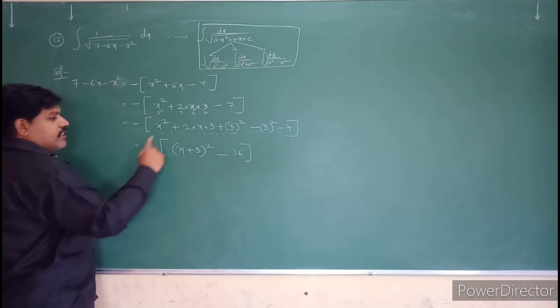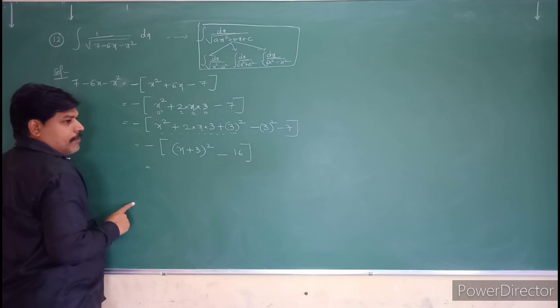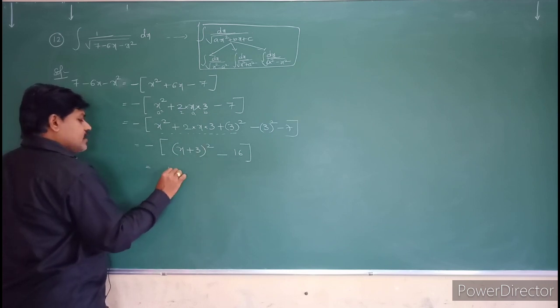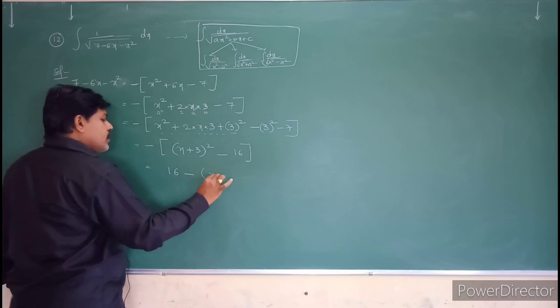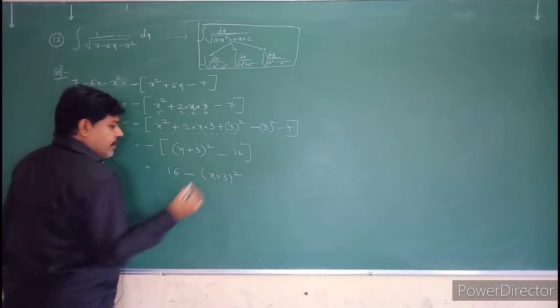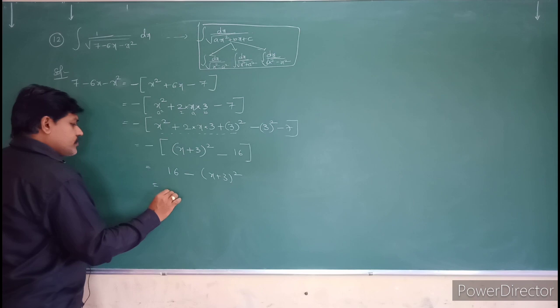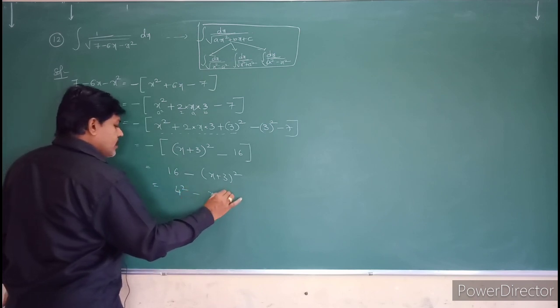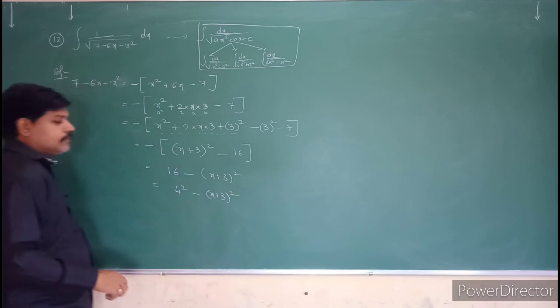So that is equal to, take the minus inside. So what happens? It will become minus and it will become plus. So this value you can write as 16 minus of x plus 3 whole square. So this 16 is nothing but 4 square minus x plus 3 whole square.